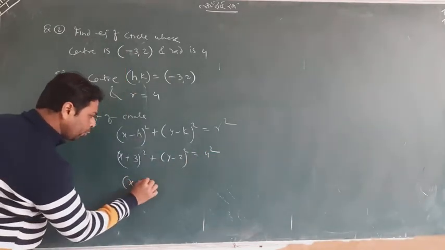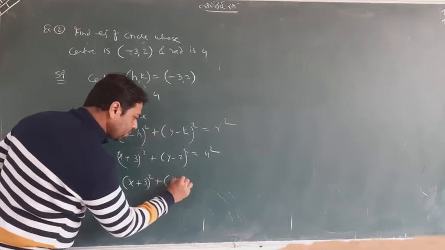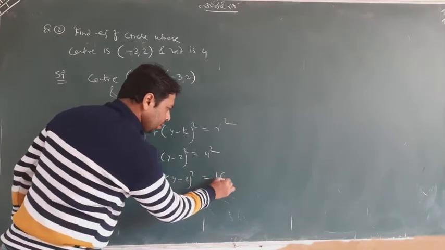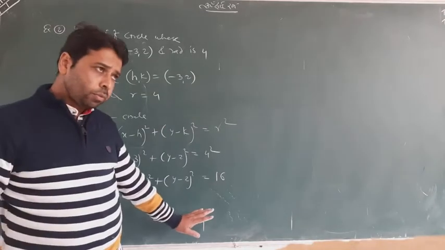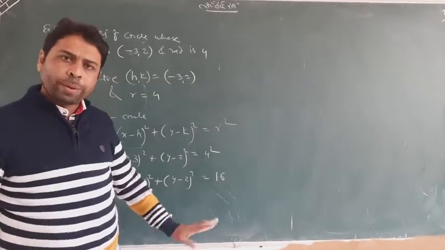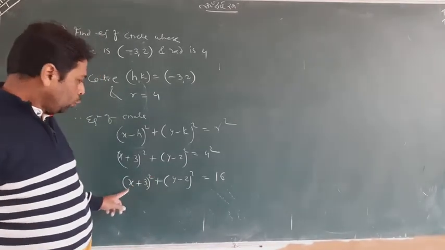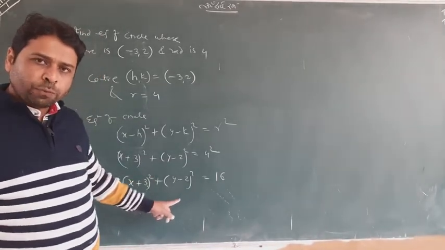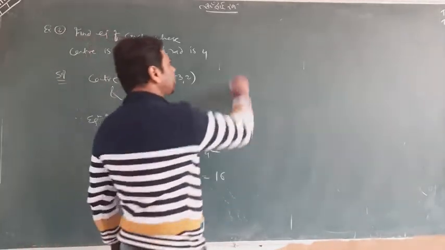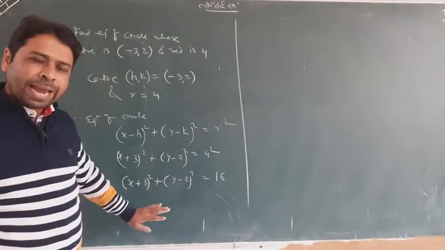I want to draw your attention to something very important. This is the answer, and you can leave it here, no matter at all. But one interesting thing: if you open this particular equation, what will you get? This is the answer, I admit.